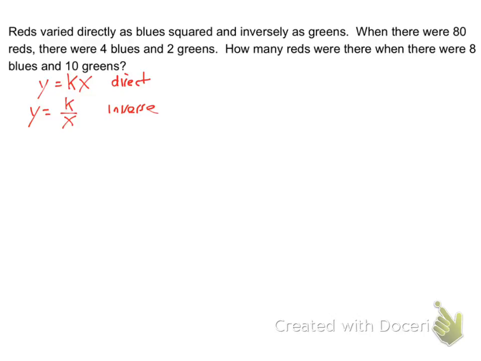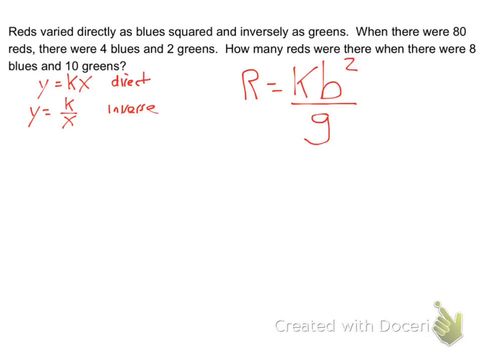Reds varied directly as blues squared. So R equals k B squared. And at the same exact time, inversely as greens, so over G. Now why does this work?